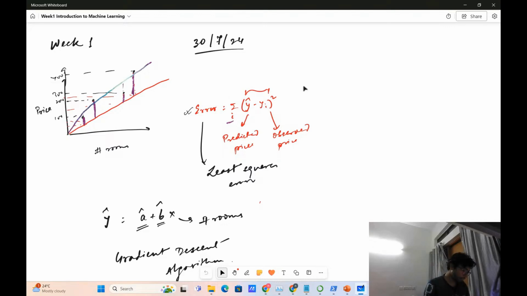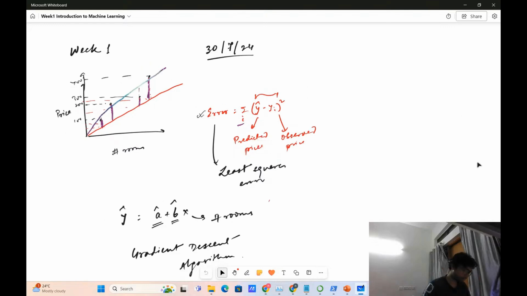Now, what if you have number of rooms, what if you have another variable? Let's say the size of the house, right?